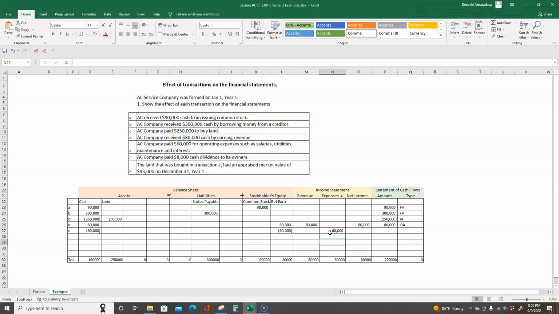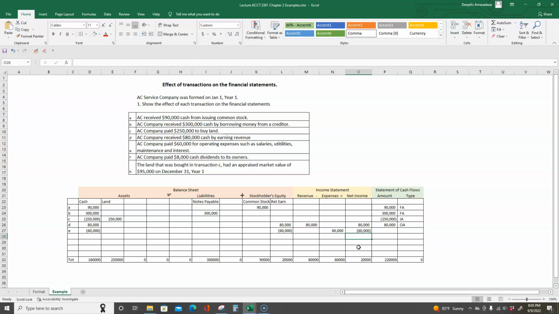How did this affect net income? Well, in the income statement, we take revenues minus expenses to equal net income. So as a result of the $60,000 increase in expenses, our net income decreased by $60,000. Pause the video, go back, listen to it, and make sure you understand what we just talked about.